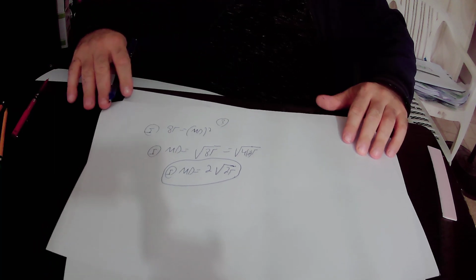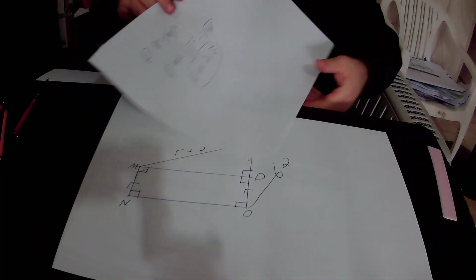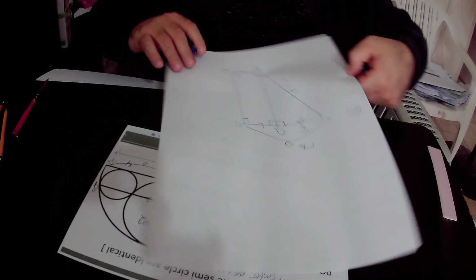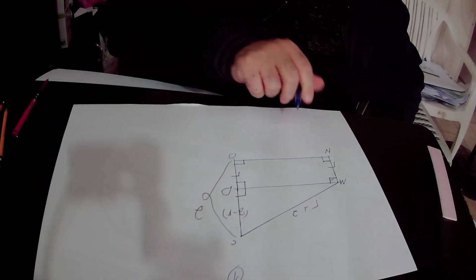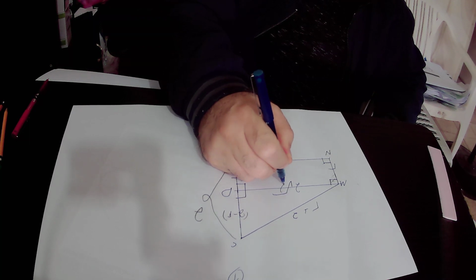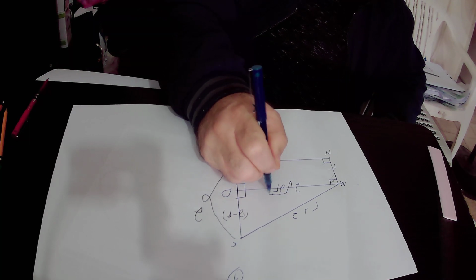So we can write here in the drawing that MD equals 2 times the square root of 2R. Okay?